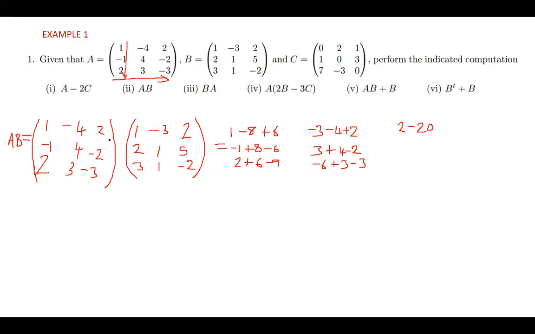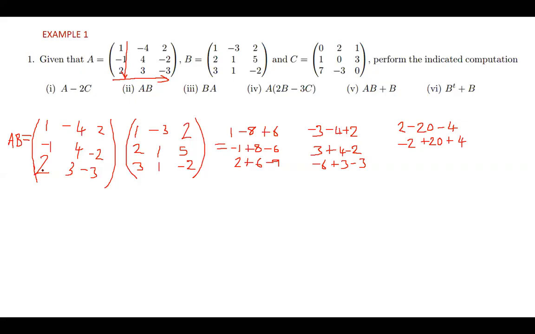And then this 2 times -2, I'm getting -4. Then I move on to the next row here. So it's going to be -1 times 2, I'm getting -2. 4 times 5, that's 20. And then this -2 times -2, I'm getting +4.